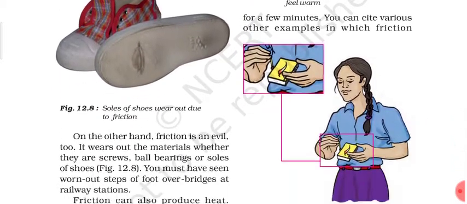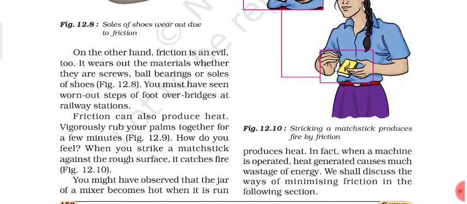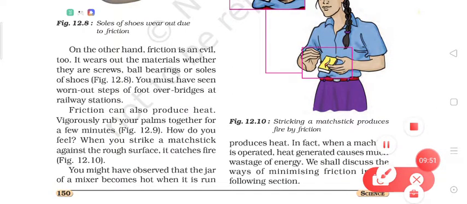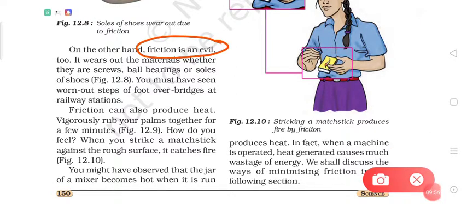Let's look at certain bad effects of friction, or certain disadvantages of friction. Meaning we will look at situations in which friction is an evil. What is the disadvantage of friction? Let's understand. First of all, it wears out materials, whether they are screws or ball bearings or soles of your shoes.